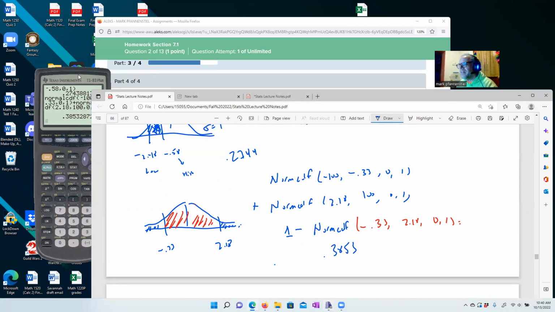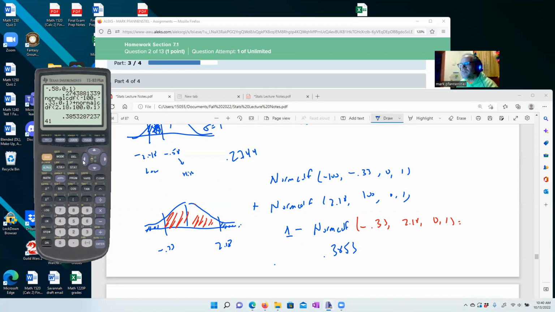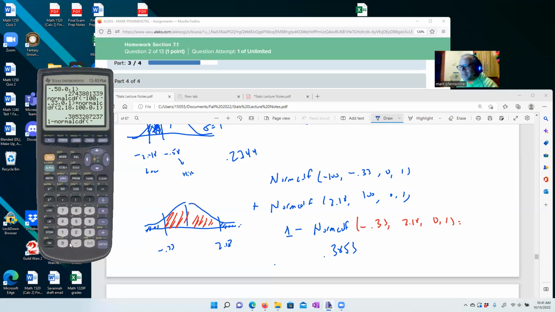Now we're going to try it the other way. I want 1 minus norm CDF, and we type in negative 0.33, comma, going up to 2.18, and then 0, 1.